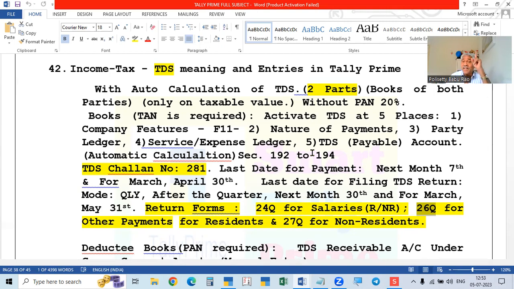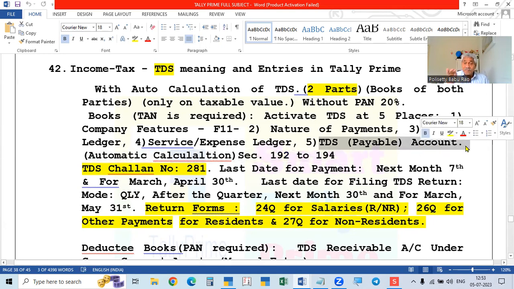For goods, we create a stock item. For services, we create the expense or service ledger. That one we have to create. And then one TDS ledger is to be created, because the TDS ledger is for TDS collected and paid. Just as for sales we collect GST and make the payment, for which we open CGST and SGST, similarly for TDS also, for collecting and making payment to the government, we have to create a TDS account under Duties and Taxes.